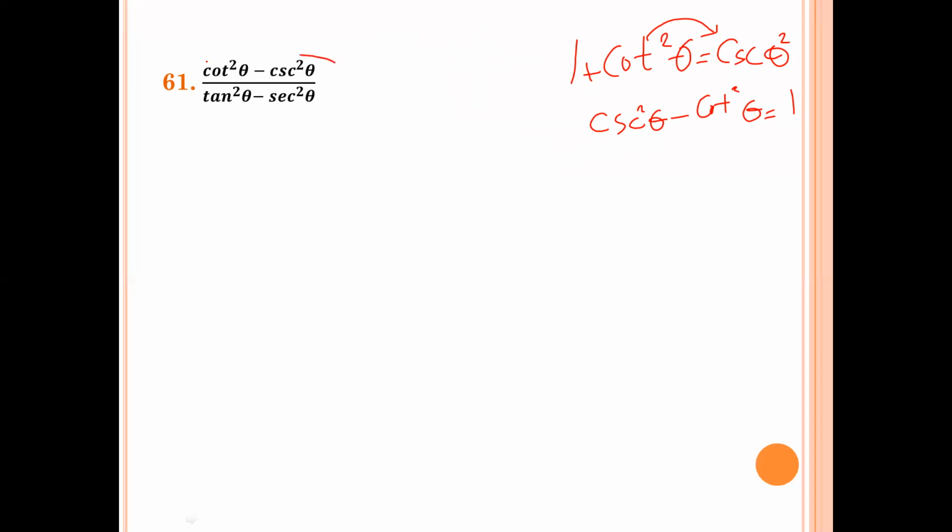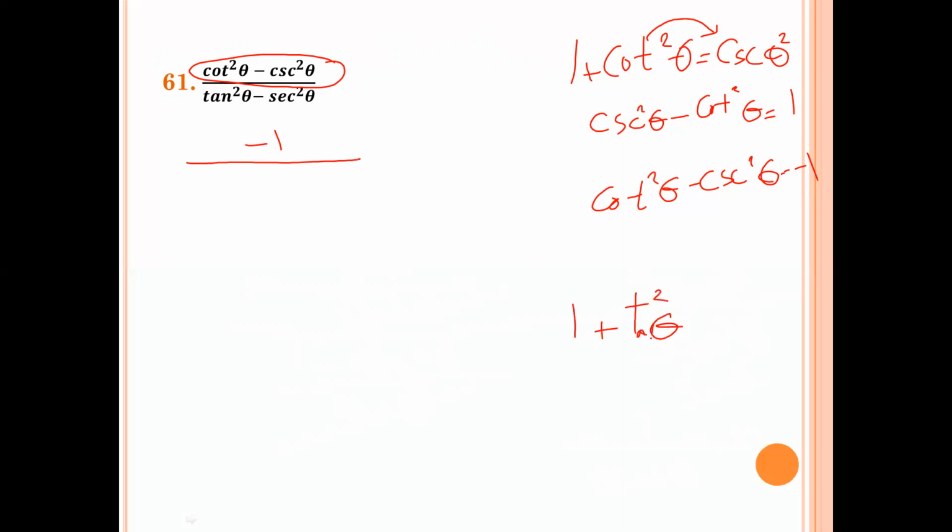So, cotangent squared minus cosecant squared is equal to -1. So it will be -1 over the same 1 plus, there's also a relation between tan squared and secant squared.